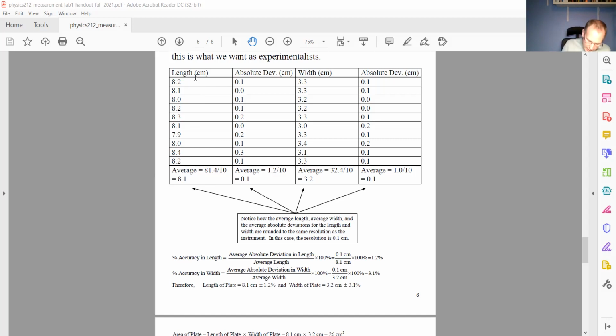So I have 8.2, 8.1, 8.0, 8.2, 8.3, 8.1, 7.9, 8.0, and then 8.4, 8.2.